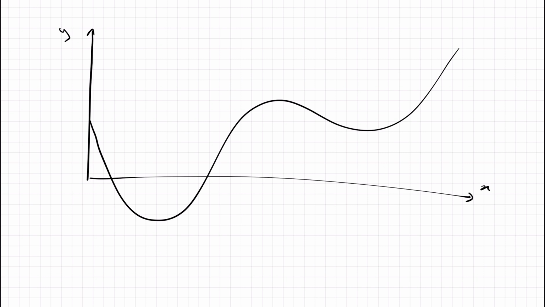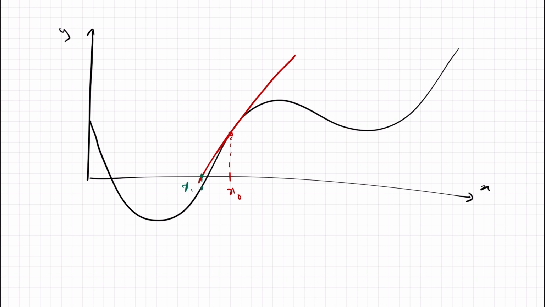The way this method works, here's a high-level overview: we pick an initial starting point, let's call this x0, and we go to the point on that curve and create a tangent line. So for this point here, the tangent line would be something like this. Then we see where this tangent line intersects the x-axis, and we make this x1.